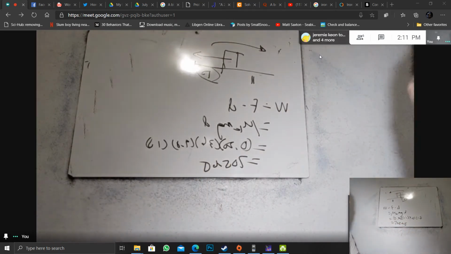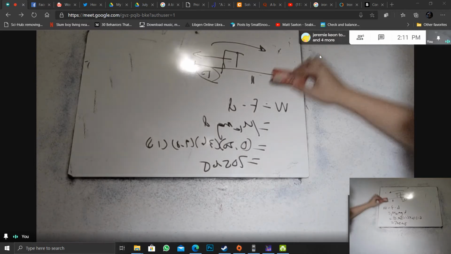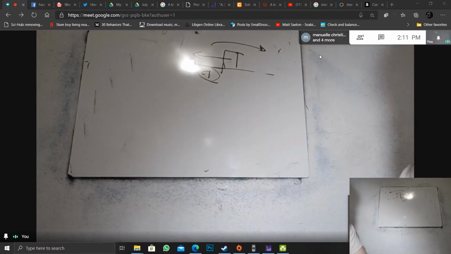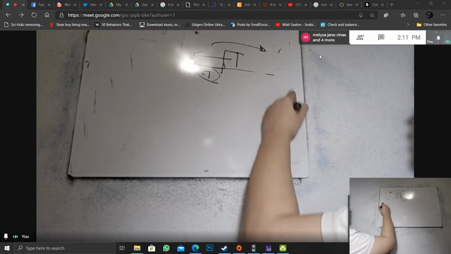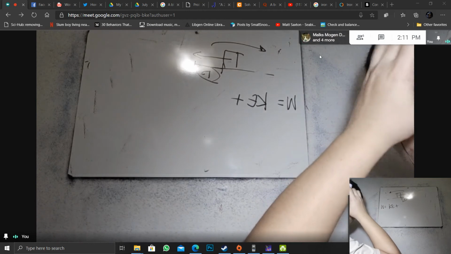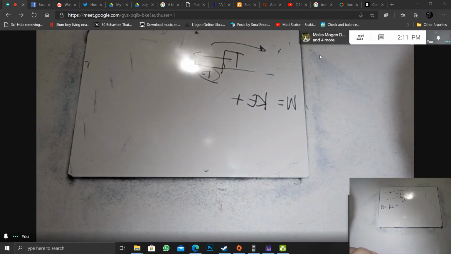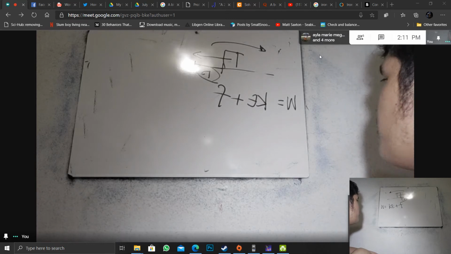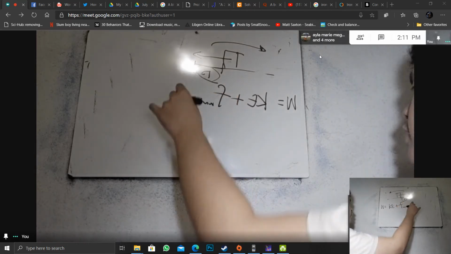Next, what is the final speed of the crate? Use conservation of energy. Kahit may dissipative force. Di ba, kinuwento ko sa inyo yun? Work done equals kinetic energy plus friction, di ba? Work done by friction. So, 1/2.